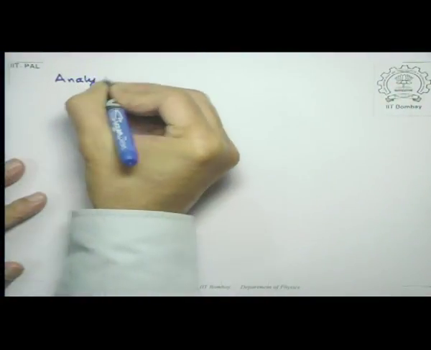So last time we did the graphical analysis of the LCR circuit. So let me now take the mathematical analysis, and that goes as follows. It is the analytical solution.